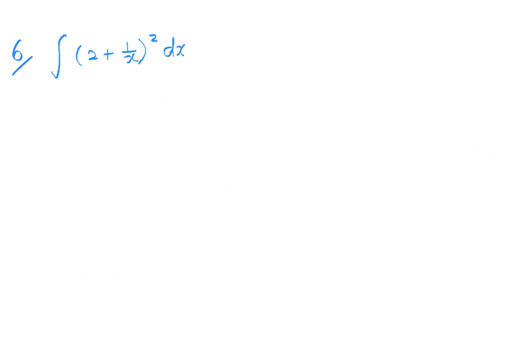Okay, so you look at here. Integrate 4. 2 squared is 4, correct? Plus 2 times a times b, plus 1 over x squared, dx.